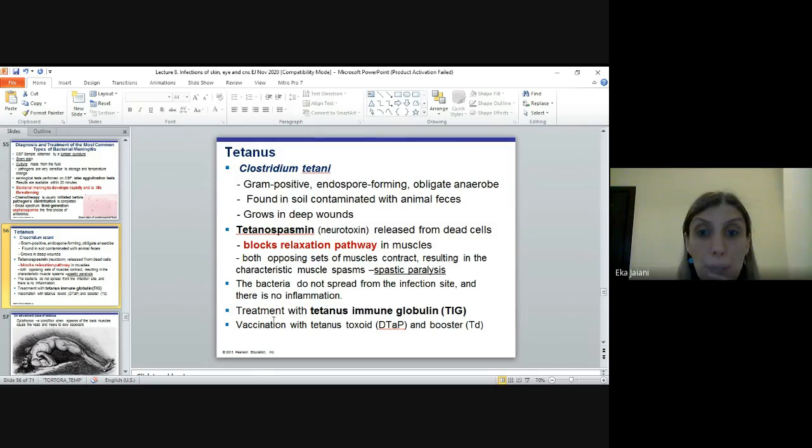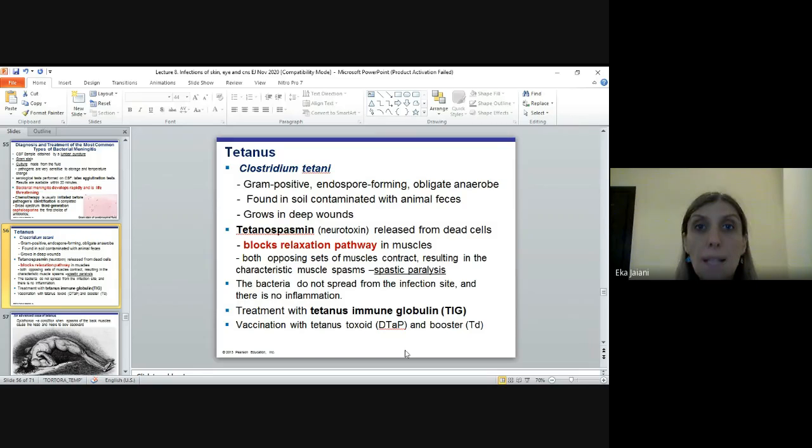And in the treatment, we use the tetanus immunoglobulin. So this is antibodies against the toxin. This is actually antitoxin. And we have also a vaccine, together with diphtheria, tetanus, and pertussis, the DTP vaccine, and children get this already in the first year of their life.